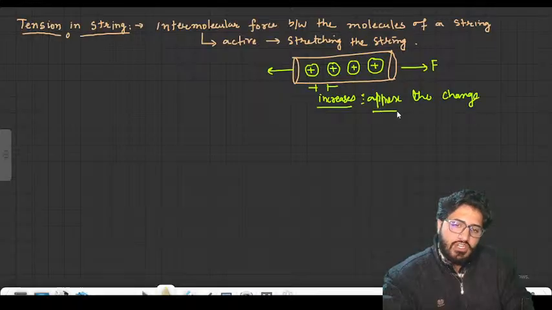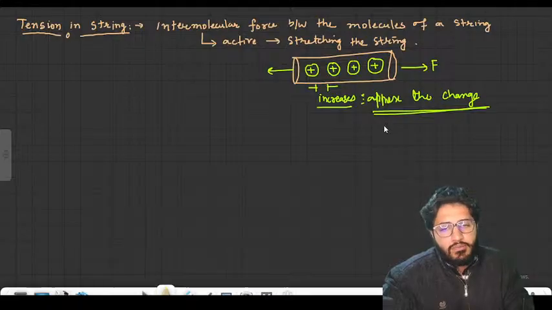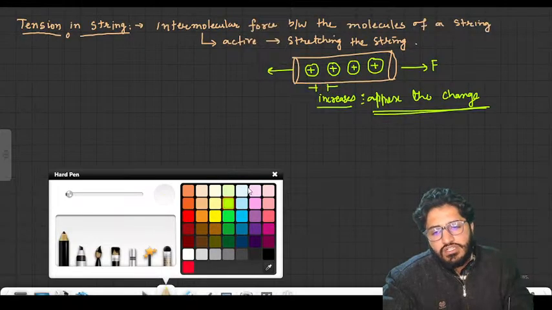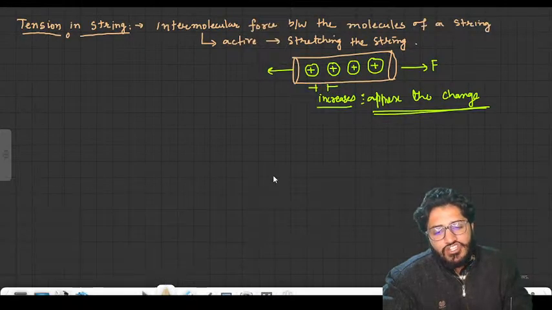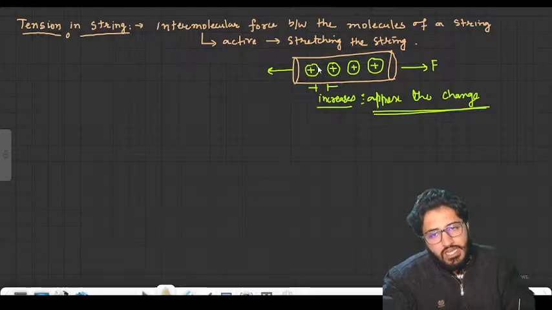This opposition to the change in the atoms' structure is known as what? Tension. That means there will be a force that will oppose this applied force, and this force is known as tension.